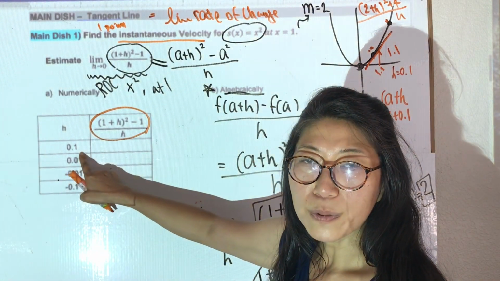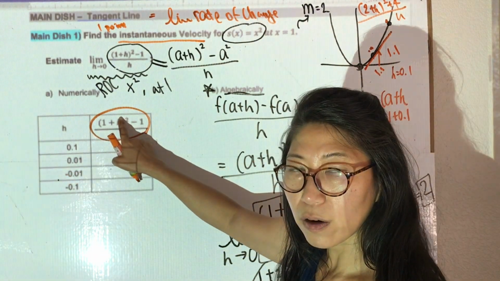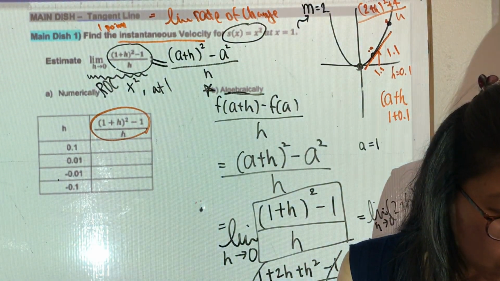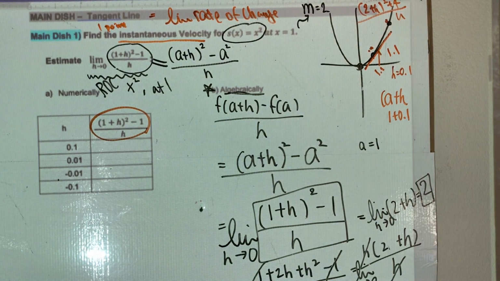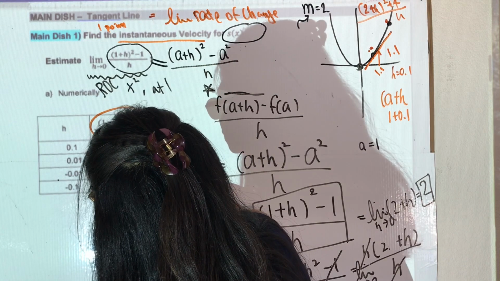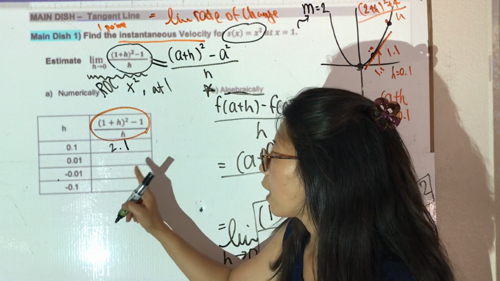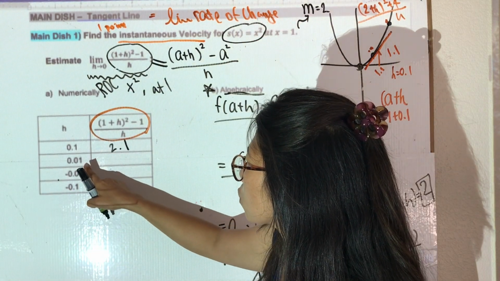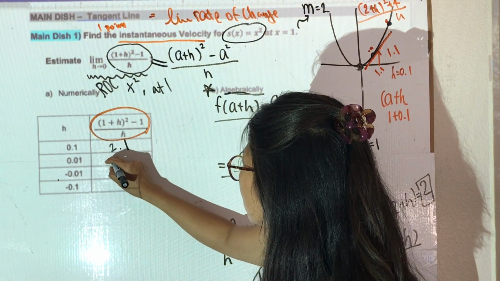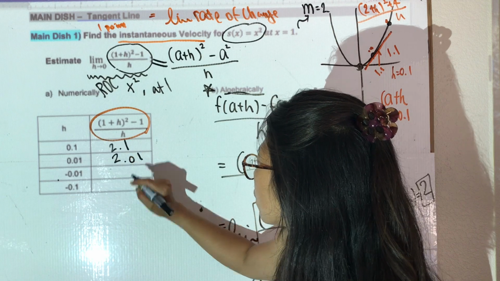So if you want, please try to punch it into the calculator. When I punch it into the calculator, I actually got 2.1. Yes, I got 2.1. And I also punched this one into the calculator. Try to punch it in, it's not easy punching in. And I got 2.01.